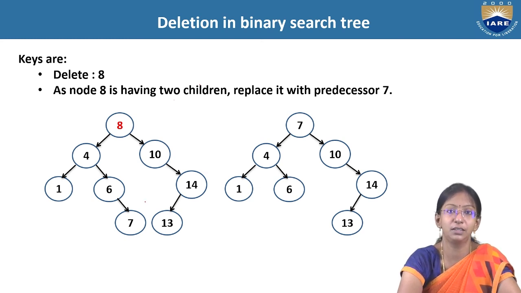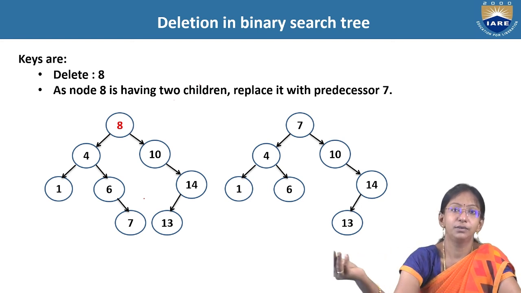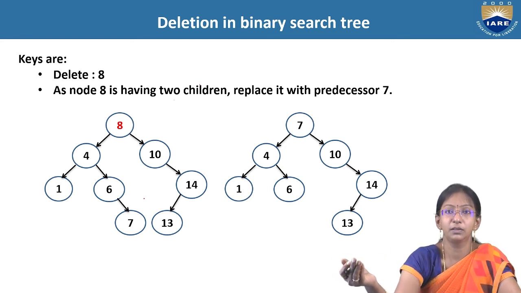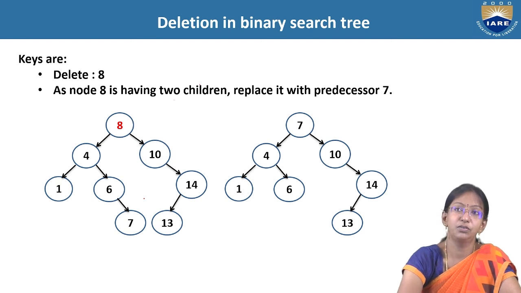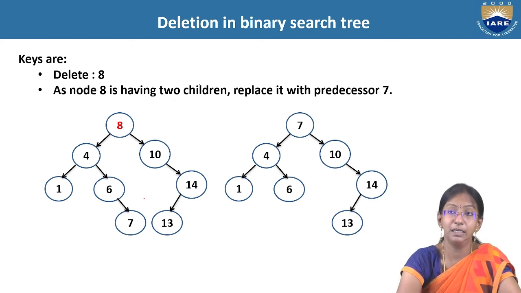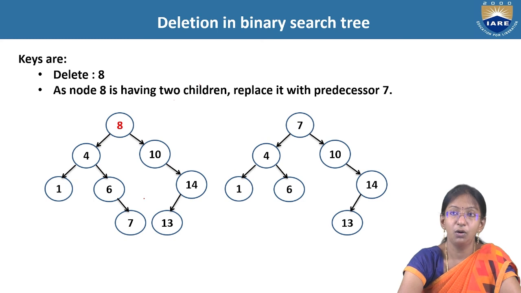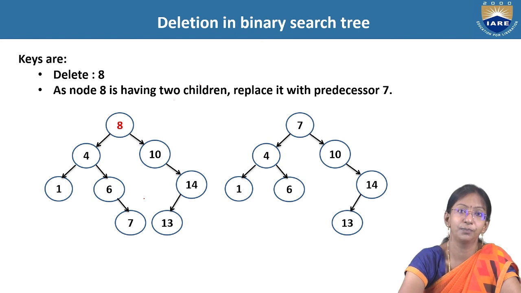To avoid redundant, duplicate data. So we removed it, and 8 went off. It is totally deleted, right? And look at the BST properties. As 7 is heading the tree now, all its left children are less than 7, whereas the right children are greater than 7. Did you understand the deletion?